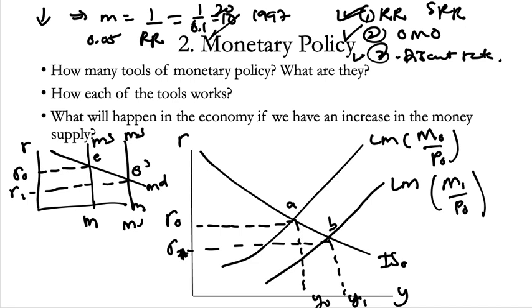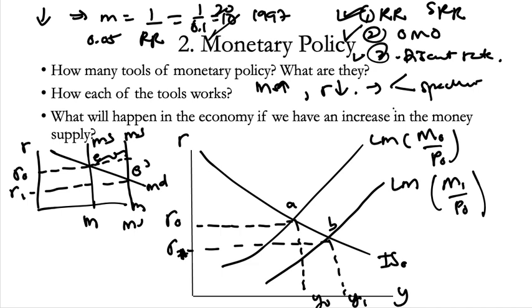So what happens here is that when money supply increases, interest rate falls down. If you don't adjust, then you may have disequilibrium here in money market. So money demand has to adjust. Because interest rate falls down, in money demand we have transaction money demand and also speculative demand for money. So it will affect speculative demand for money.